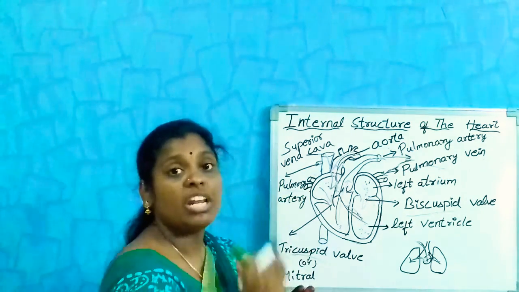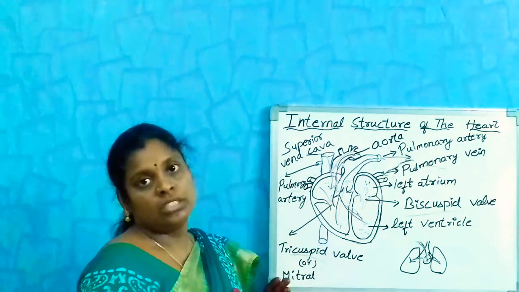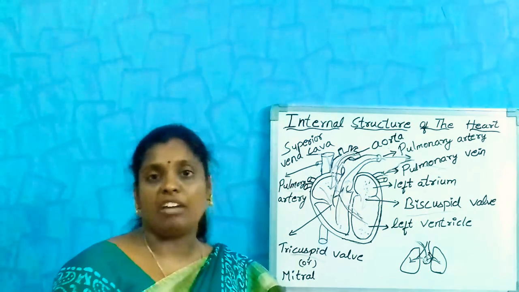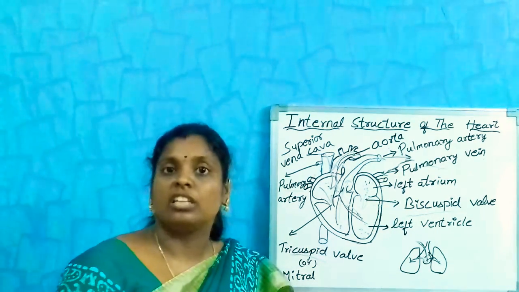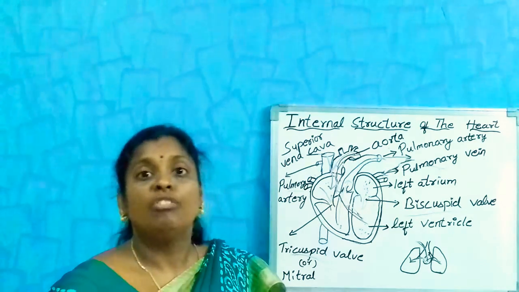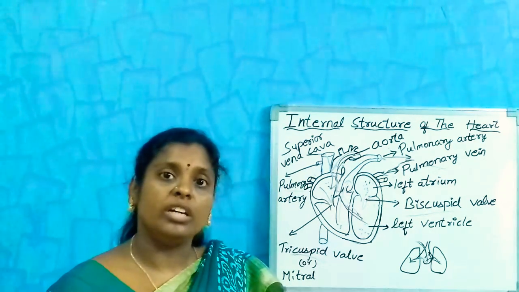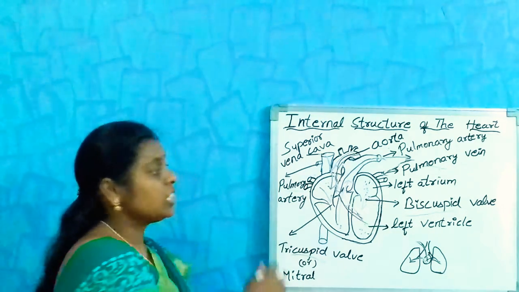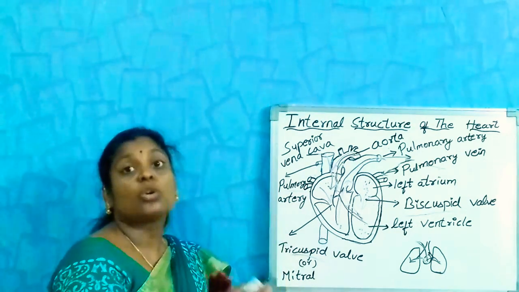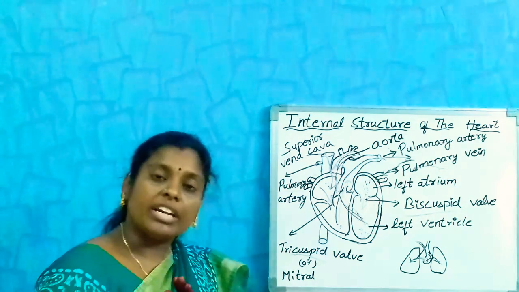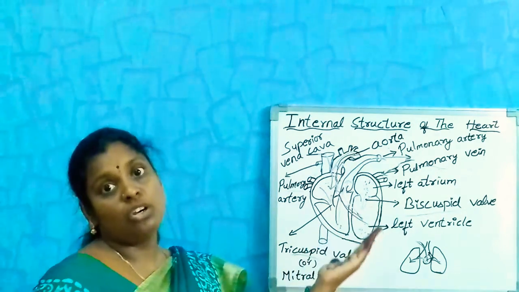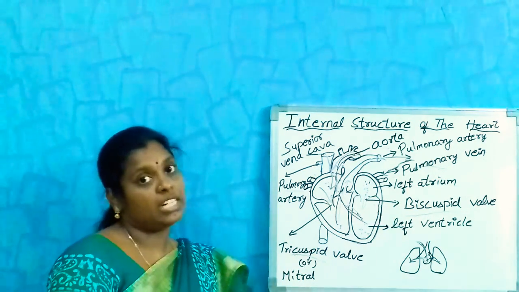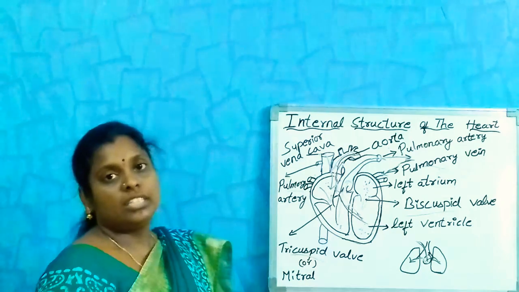So the process will continue. Till our life ends, the heart will not stop its work. So this is the process of how the blood is circulated from auricles to ventricles, to the lungs, and from the lungs again to the heart.